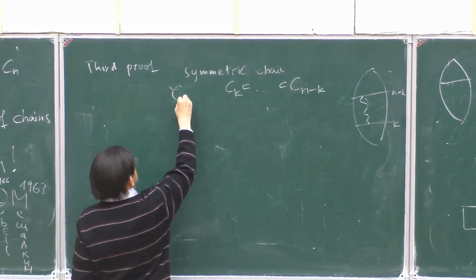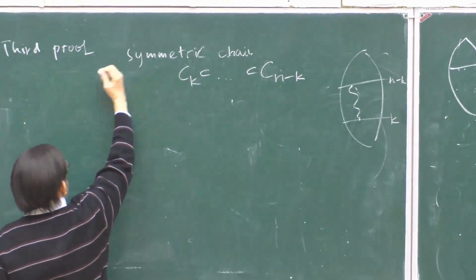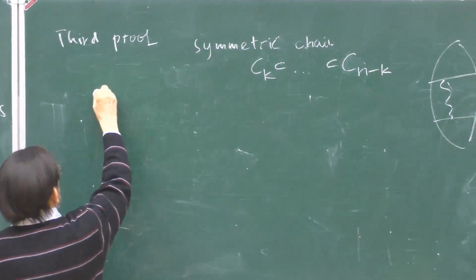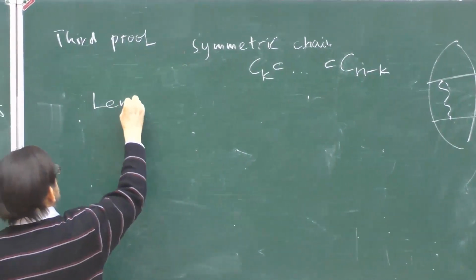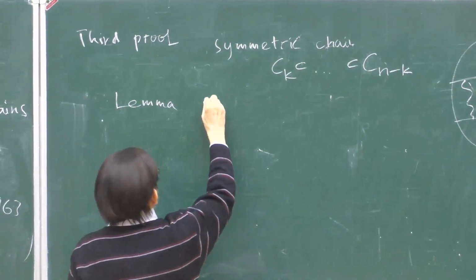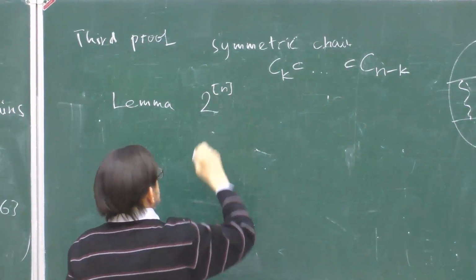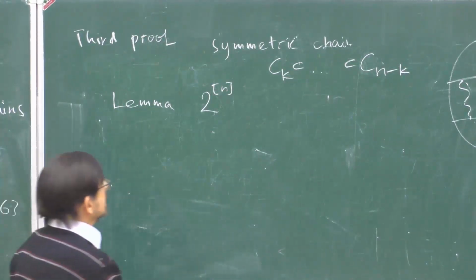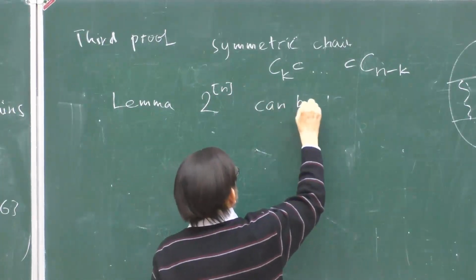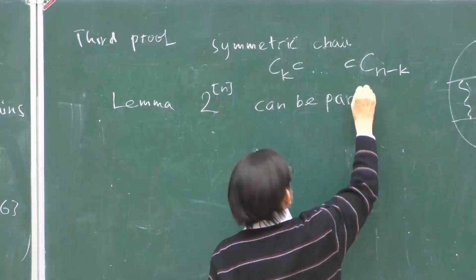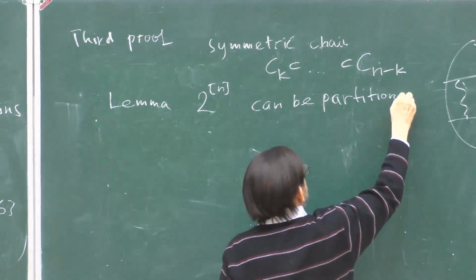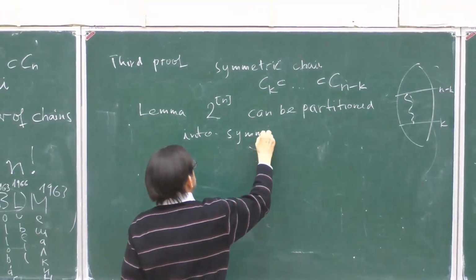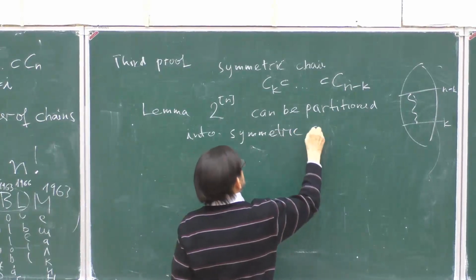So if I don't use complicated notations, I just say lemma: the family of all sets can be partitioned into symmetric chains.